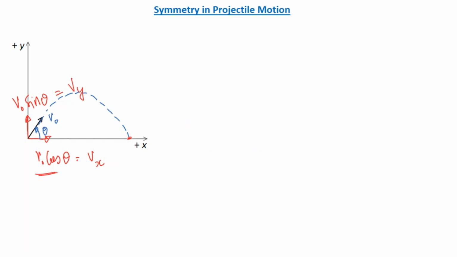Before that, you should remember one expression that we derived in the last video, which is the time of flight. The time of flight is the time taken by the projectile to land after launching, which is given by t equals 2v0 over g times sine theta. This is the time of flight.